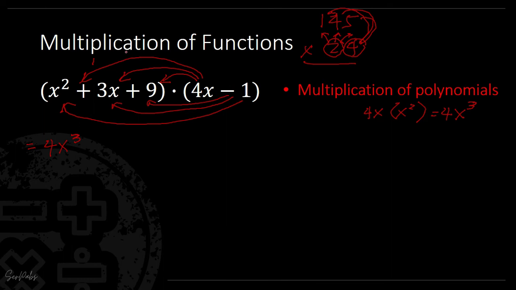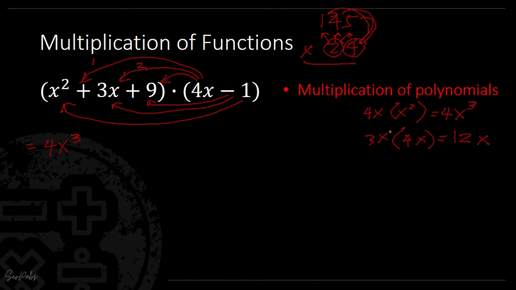Pangalawa, ito ang ating number 2. Ay, mali. Ang number 2 natin ay ito. Si 3x times 4x. Or baliktad, 4x times 3x, pareho lang din naman yan. Okay, 3 times 4, 12.